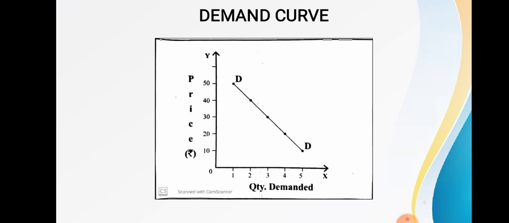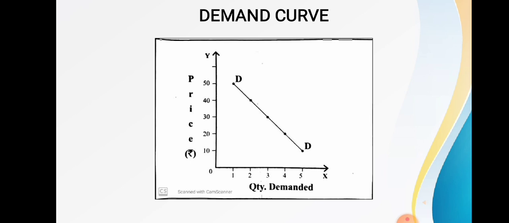The concept of the law of demand can be better understood with the help of the demand curve. See, in this curve, there are two axes, the y-axis and the x-axis. The y-axis indicates the price of the commodity, whereas the x-axis indicates the quantity demanded.